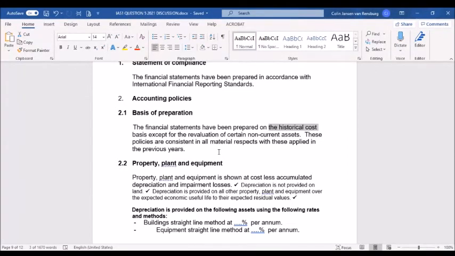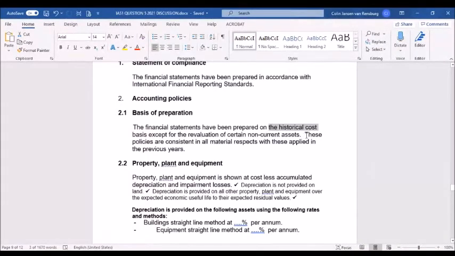If you had changed that during the course of the year, then you would have now stated that one of those bases has been changed. But we will not expect that from you in Financial Accounting 2. I think in Financial Accounting 3, there are a few weeks where accounting policies are being discussed. So in our case, for our purposes, we're going to say it hasn't changed this year.